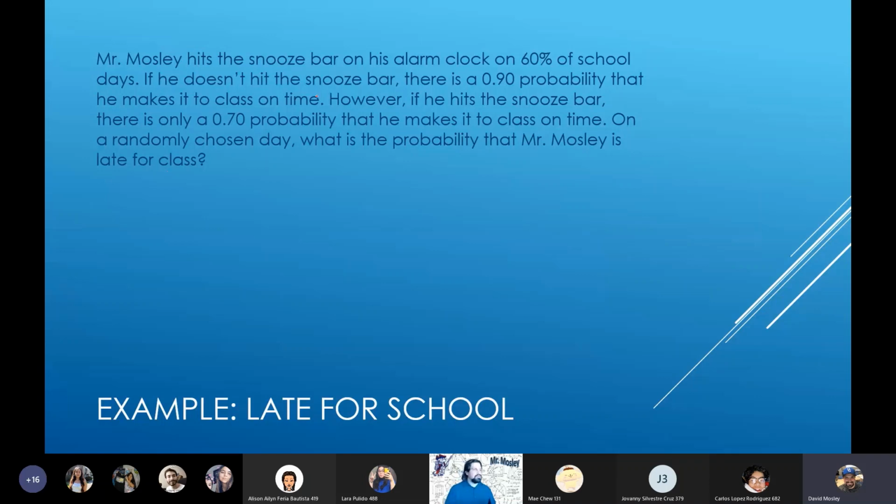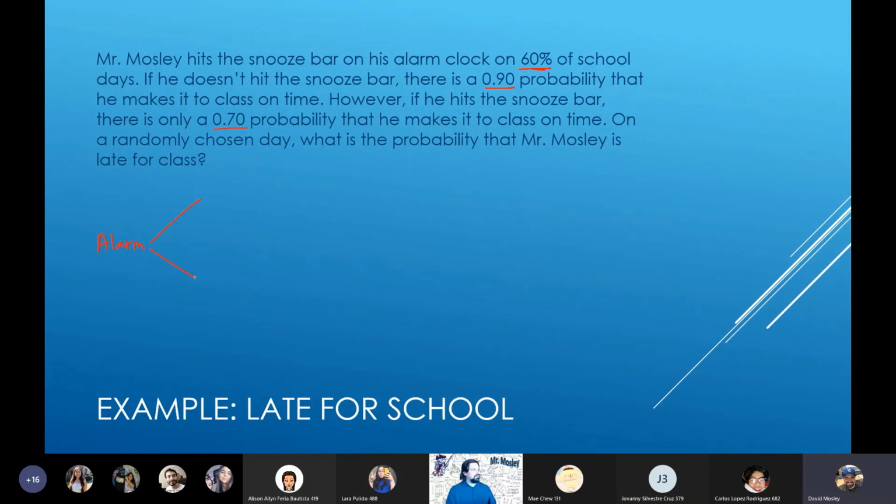All right, so let's get our stuff together here. We have a 60% chance here. We've got a 0.9, we've got a 0.7. So we have the alarm.